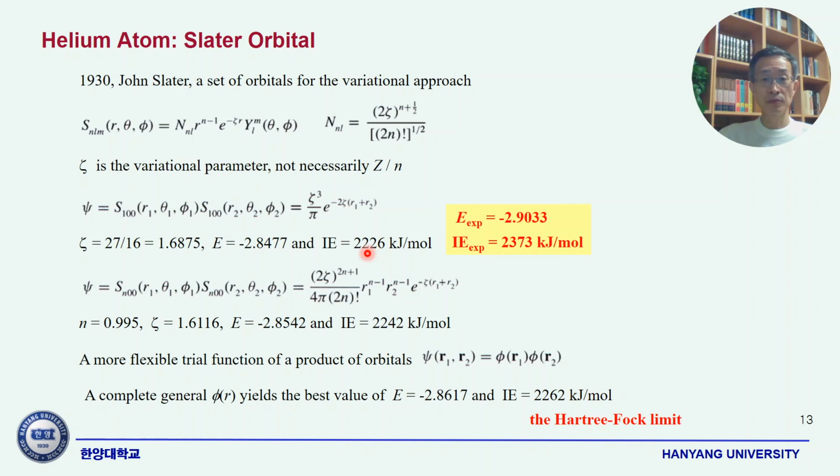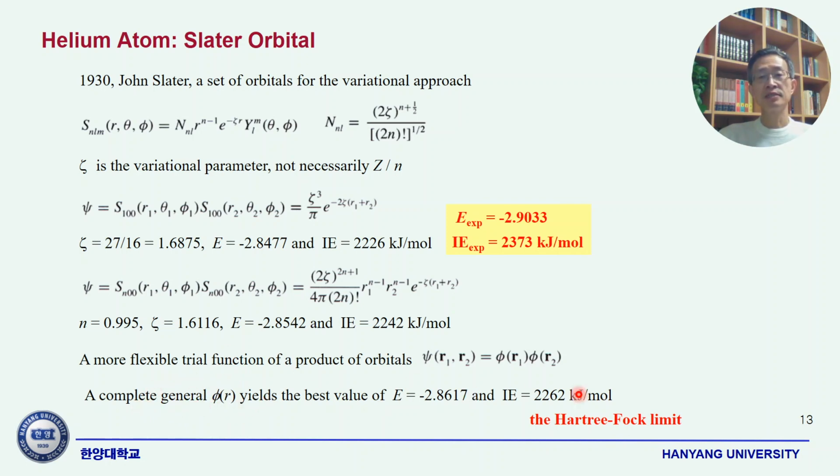So look at this: 2226, 2242, 2262, and 2373. That is the kind of improvement achieved by making the trial function more flexible or completely general.